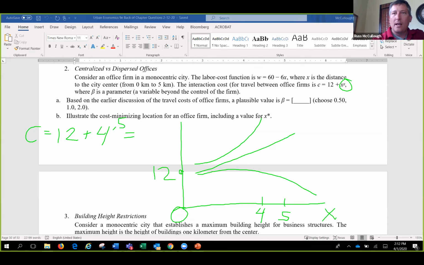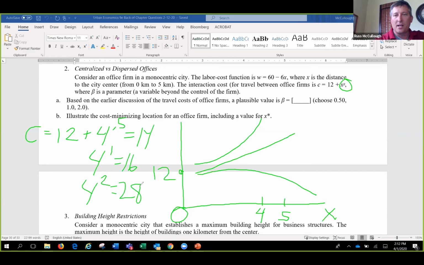Okay, so yeah, we've got 14, and then what is it at 1? So 4 raised to the 1 power is 16, good. And 4 raised to the 2 power is 28.